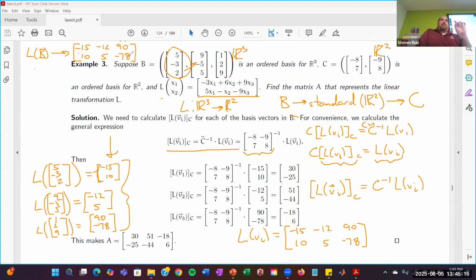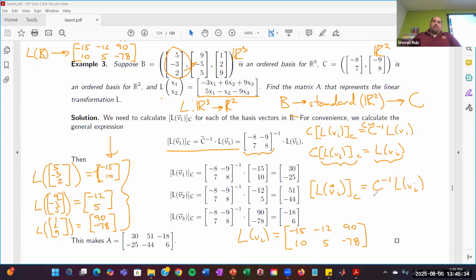I need to figure out what are the coordinates in the basis C that got us here?